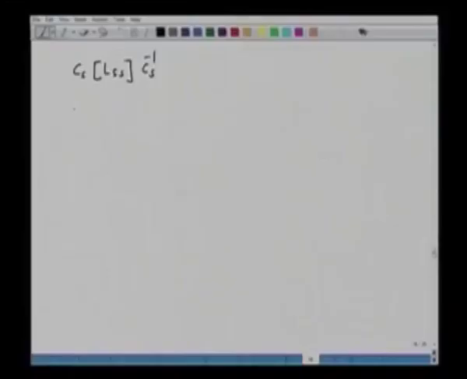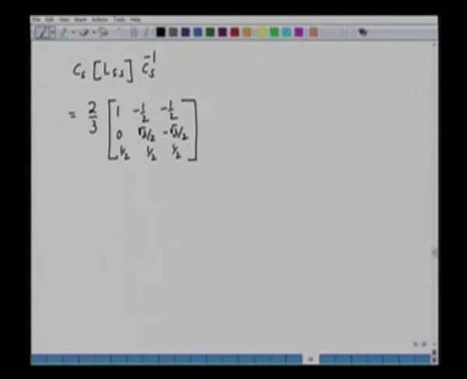When we transform this into the DQ model, this will again be independent of theta r, but with some new factors coming into the picture. This is equal to 2 by 3 times CS, which is 1, minus half, 0, root 3 by 2, minus root 3 by 2, half, and half. Now, what is LSS?